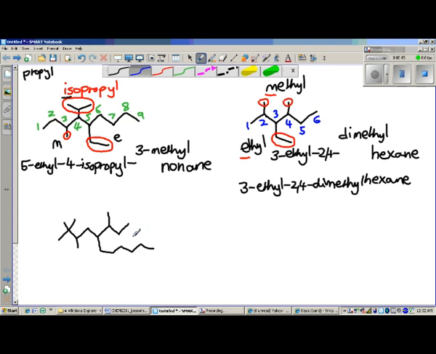That is a lot longer. So always remember, the longest carbon chain isn't necessarily the one that goes straight left to right. It could go down here. As long as it's a continuous chain of carbons, it's the longest carbon chain. So therefore, 1, 2, 3, 4, 5, 6, 7, 8, 9, 10, 11.